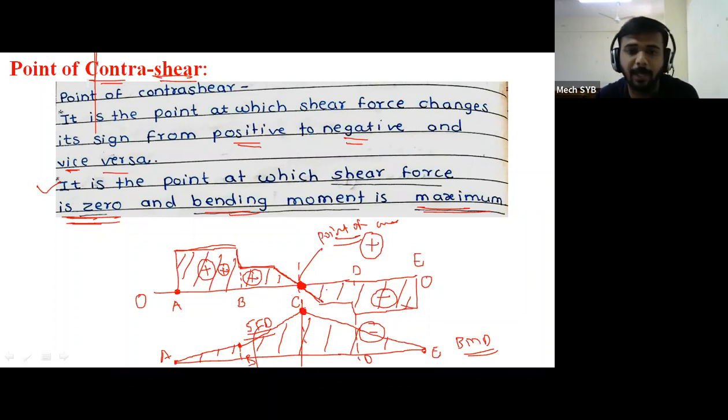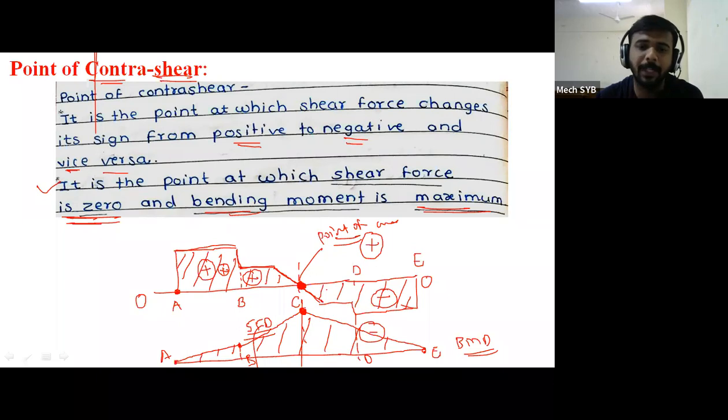So this is the other definition. What is the first definition? It is the point at which shear force changes its sign from positive to negative or from negative to positive. Such a point we call the point of contra shear. And what is the other definition? It is the point at which shear force is zero and bending moment is maximum.